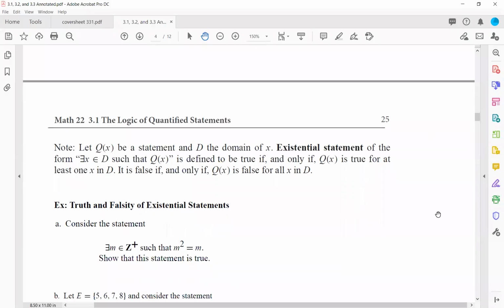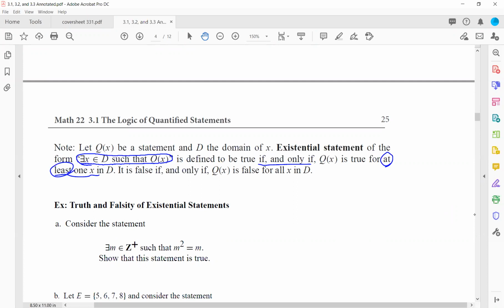Existential statement. For an existential statement, we use there exists an element in the domain such that Q(x). It's true if and only if Q(x) is true for at least one element in the domain.